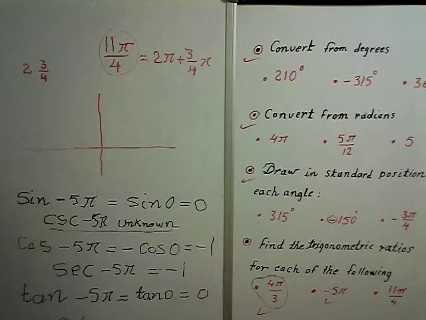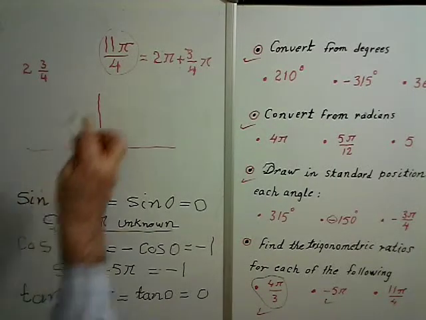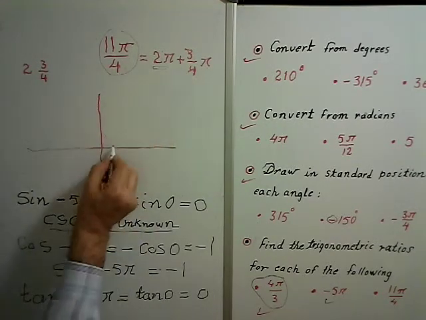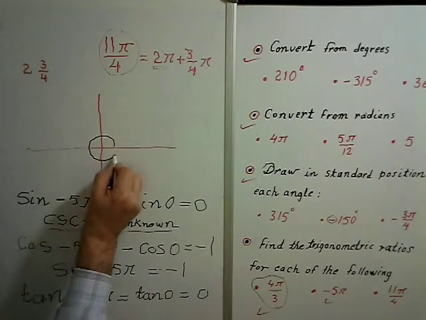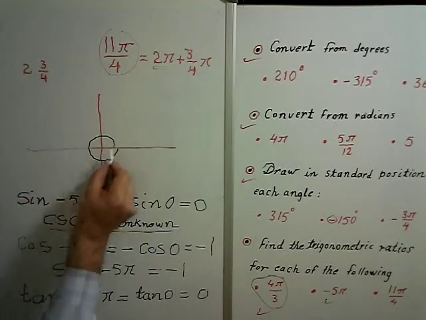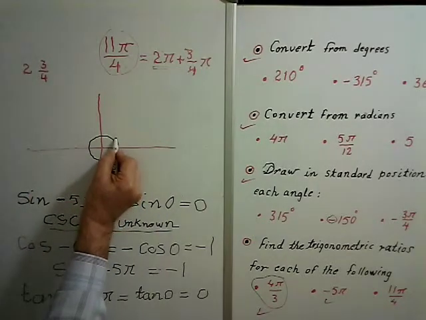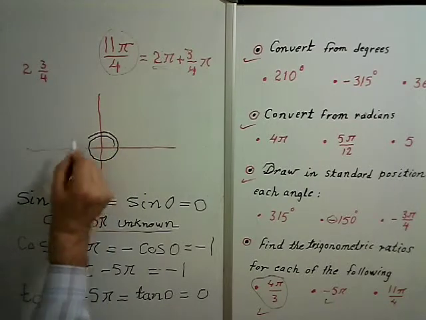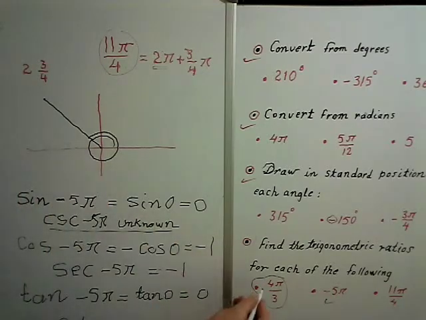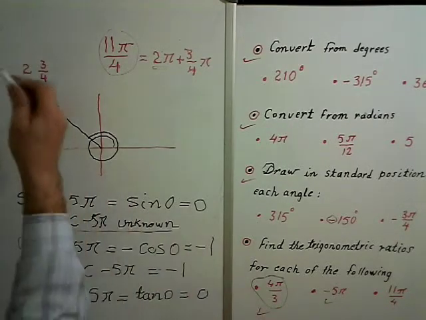Okay? So here you see 11 pi over 4, it's 2 pi, that means a complete revolution, plus 3 over 4 pi. 3 over 4 pi means half of the second quadrant. We discussed this when we talked about this angle, if you remember.